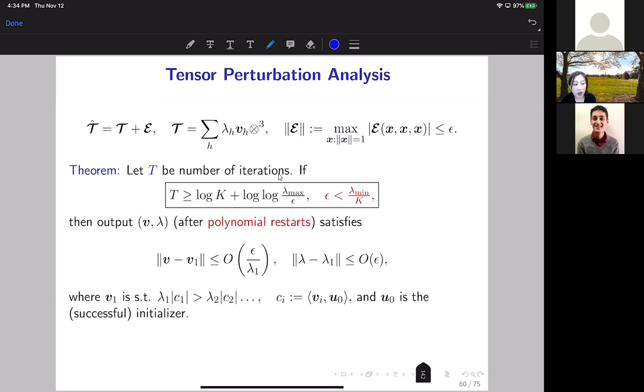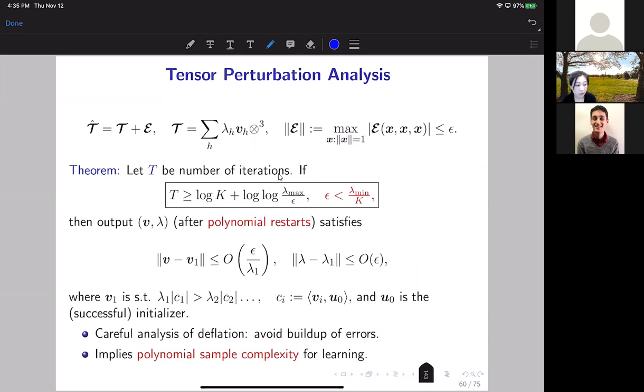Of course, I don't have time to go through the proof here, but the takeaway message is that you can allow some kind of noise tolerance, which can be calculated here. So you can look at my slides here. Basically, it means that you can have a polynomial sample complexity for learning.